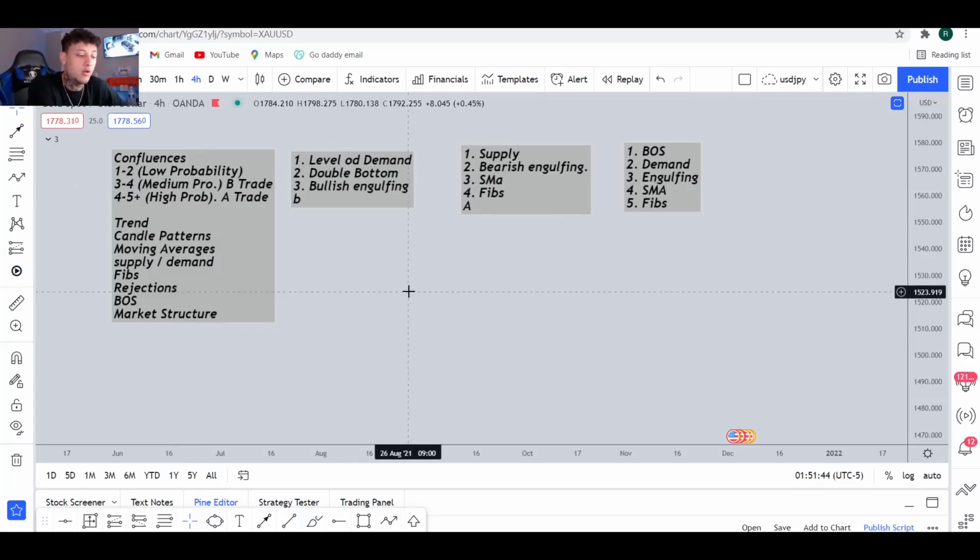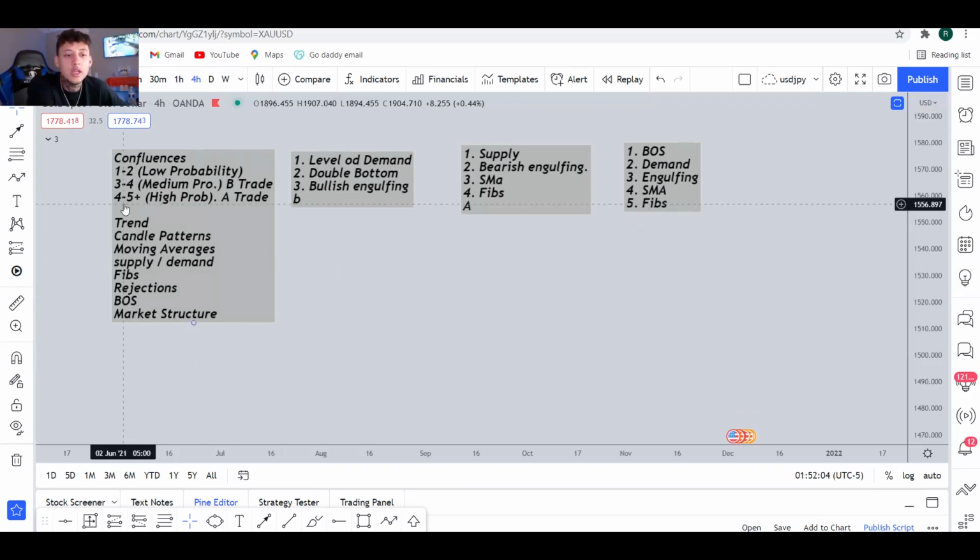Just know that when you take a trade at 3 confluences, you're going to risk maybe 1%. When you take a trade at 4 confluences, you're going to risk a trade at maybe 1% to 1.5%. It really depends on the setup. Trading is very situational. Not every setup is going to be exactly the same.